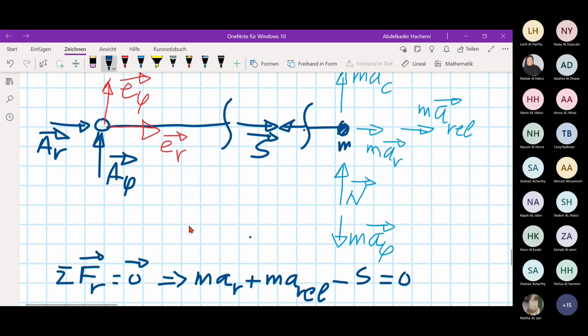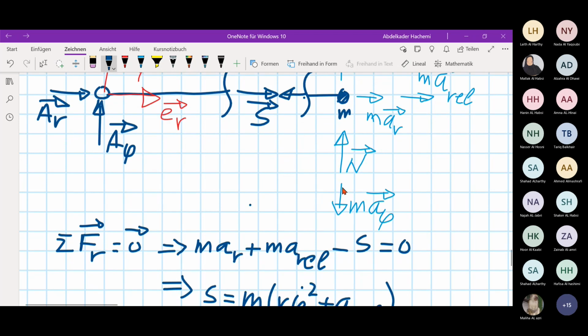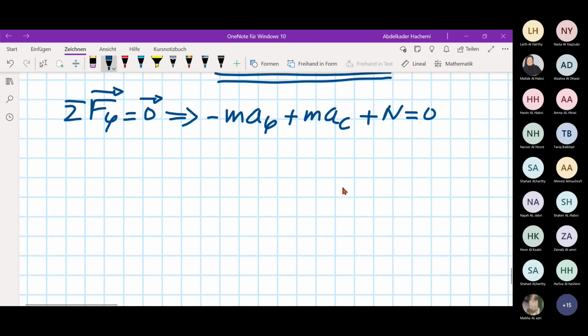Okay, then we have M AC here in the direction of E phi, minus M A phi and plus N here. Then we get from this equation the expression of N. That is M multiplied by R phi double dot minus 2 times R relative phi dot.